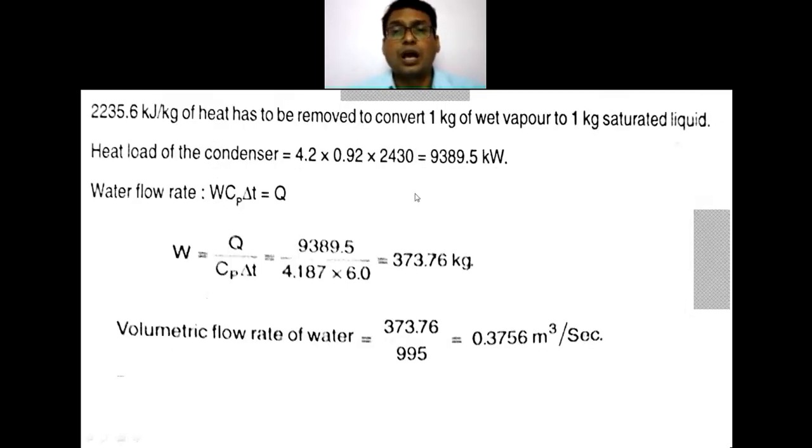So the flow rate of 4.2 kg per second into the latent heat into the dryness fraction will give you the total amount of heat that is to be removed from the steam.